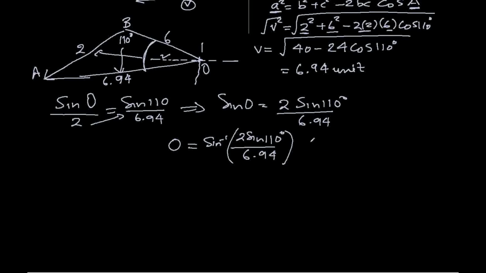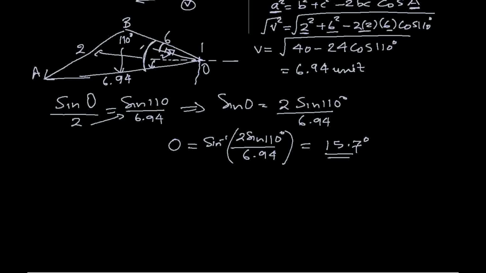Let me use my calculator, and it gives me 15.71. Let's call it 15.7 degrees. So my assumption was wrong. It is not below this line, it is above this line, by 15.7 degrees. This is the angle.